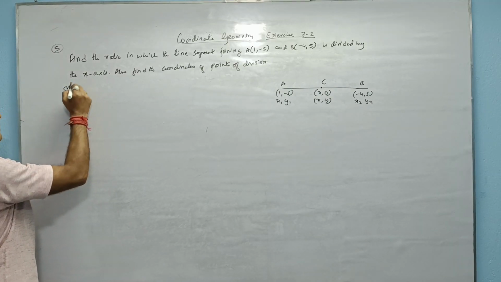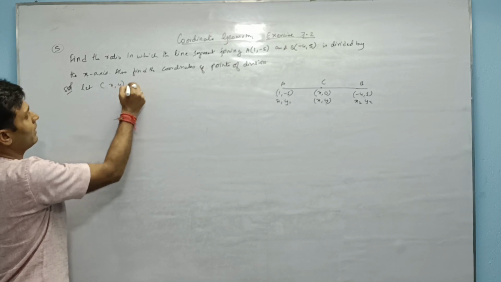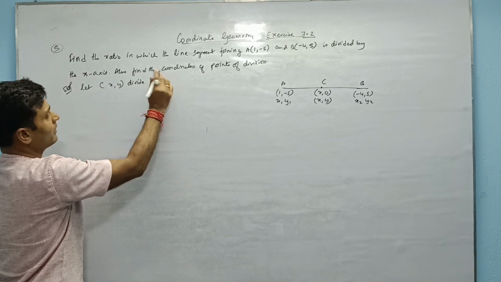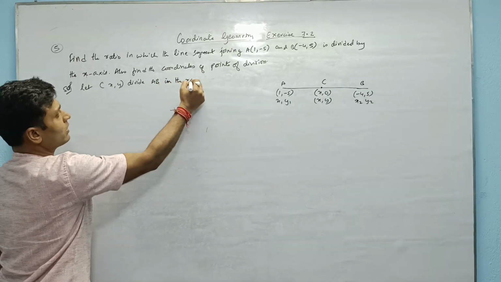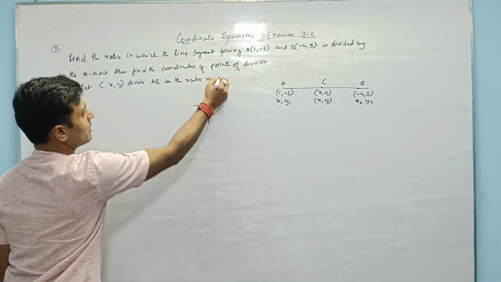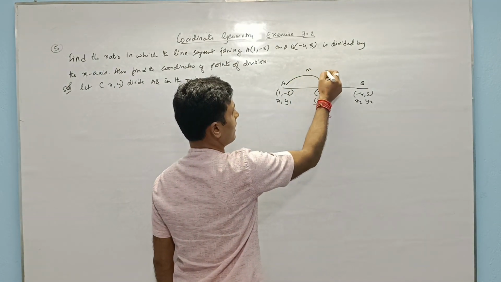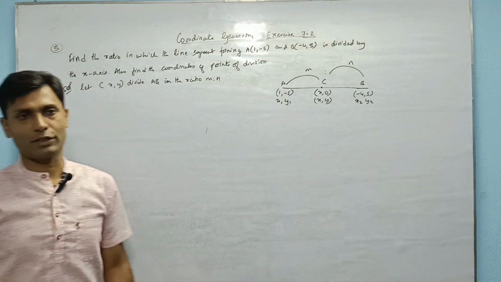Solution. Let C (x, y) divide AB in the ratio m is to n. This is m and this is n. Right? You have to find the ratio.